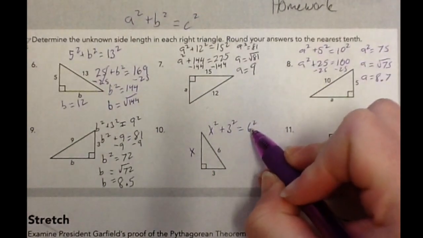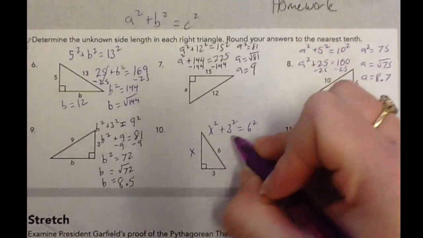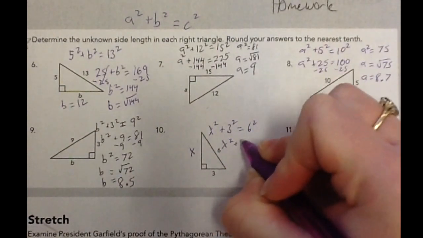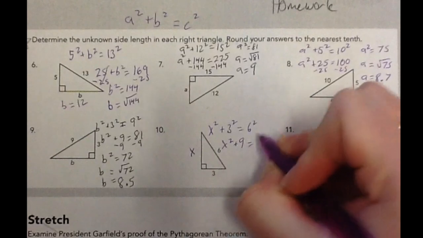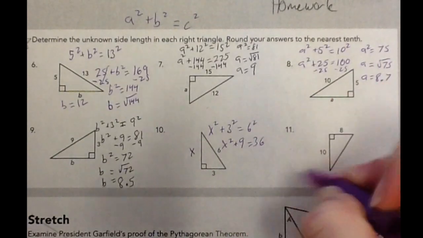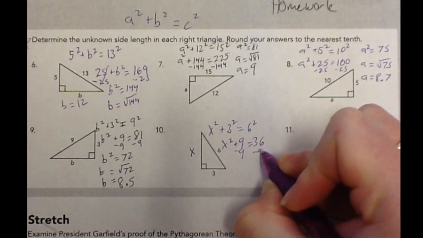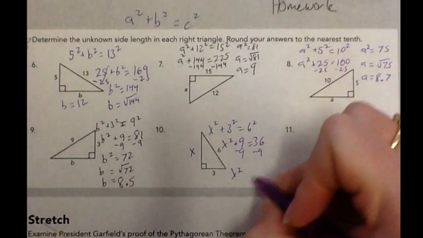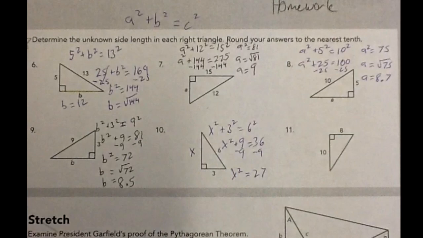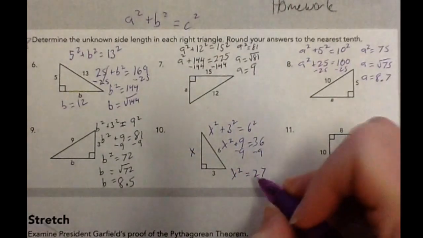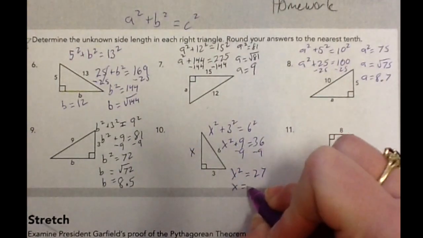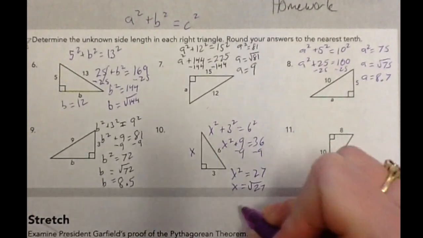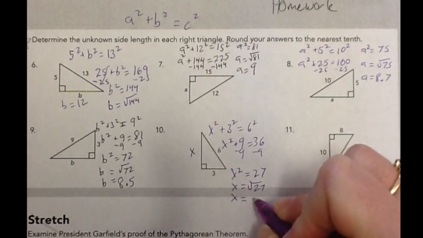Just 6 has to be on this side since it's the hypotenuse. So we have x squared plus 3 squared, which is 9, equals 6 squared, which is 36. Subtract the 9 from both sides. 36 minus 9 is 27. 27 is not a perfect square, so that's going to give me a decimal. If I square root 27, that is about 5.2.